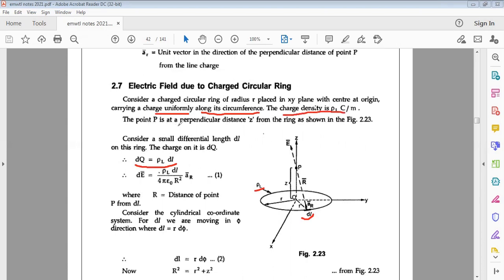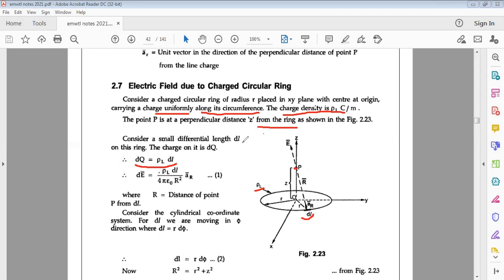The point P is at a perpendicular distance z from the ring. Okay, see here, for the circular ring there is a perpendicular line of distance z, a point P on the z axis, and you can join a small differential length and the point P towards the upward direction.